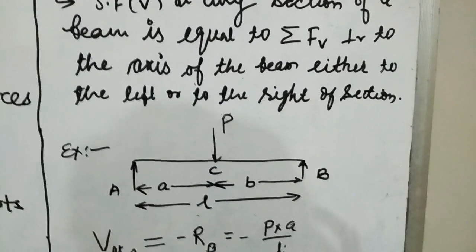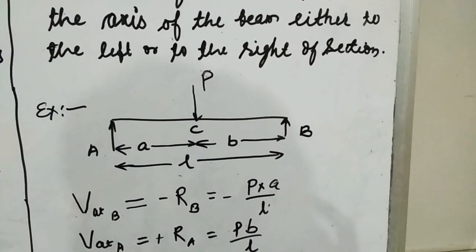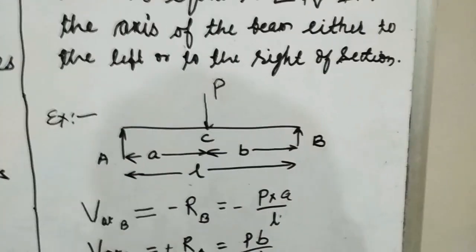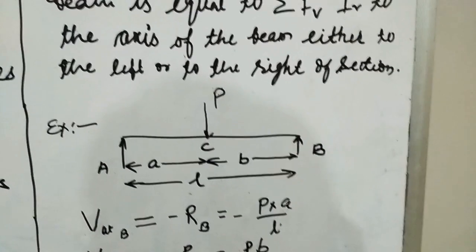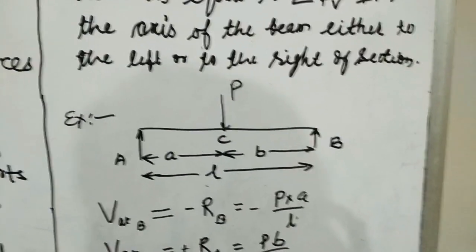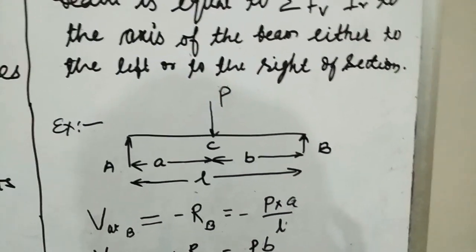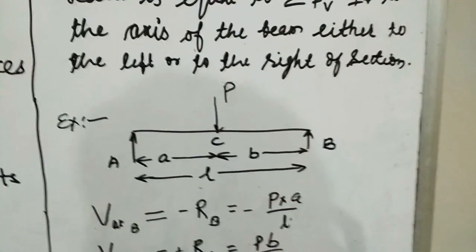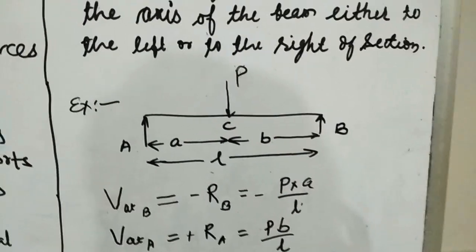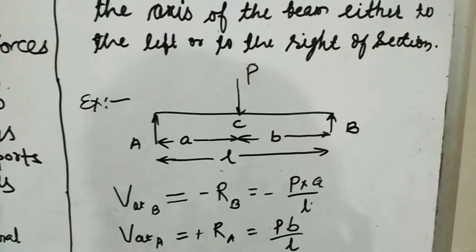Now the value of shear force at point B. At point B, the shear force is RB and it's negative. So the value of shear force at B is minus P into a by L. And the shear force at A is equal to the value of reaction force at A, that is Pb by L.